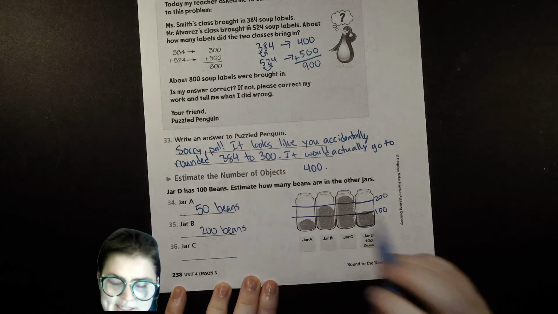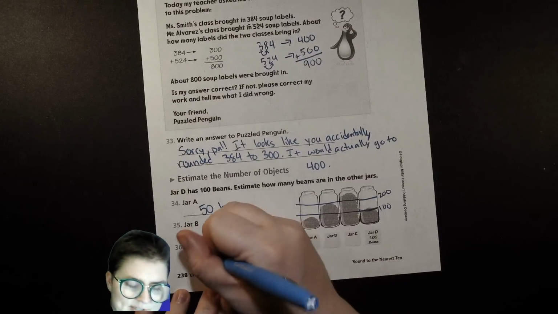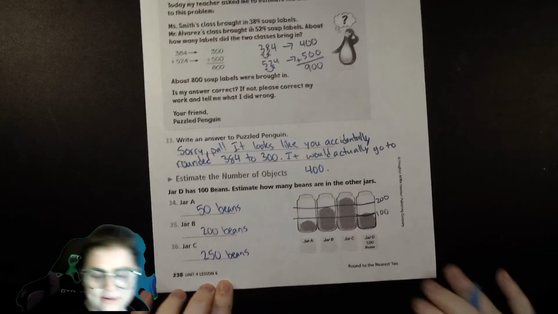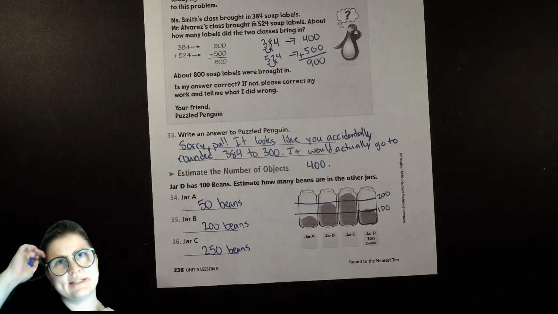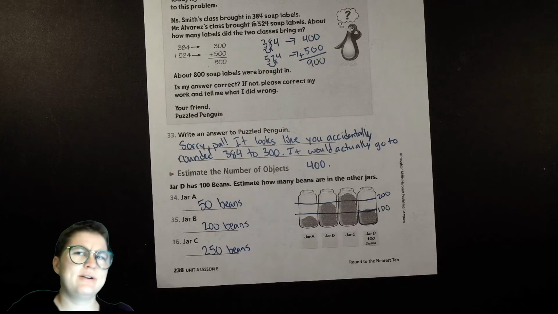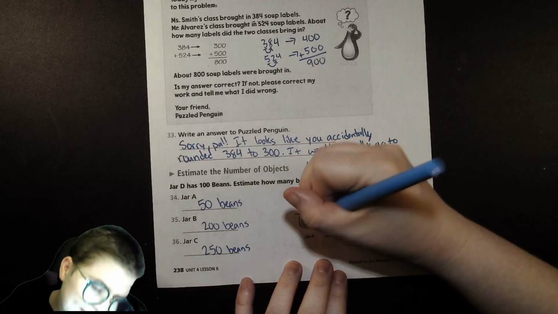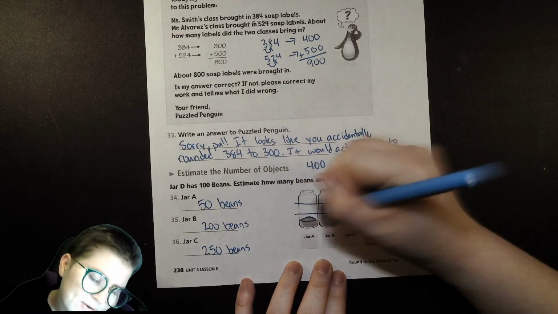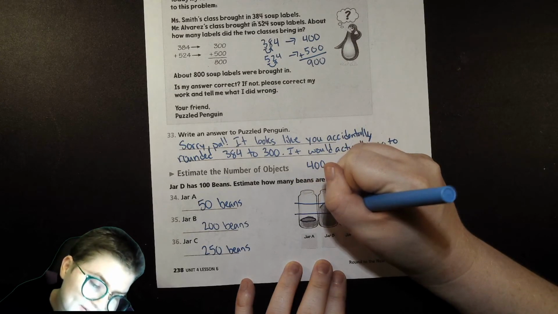And jar C has a little more than 200, so we'll say 250. Now, especially because we can't see how these are piled in the jar, if you had something different, don't stress about it, because it's hard to know, like, is that just seeing through to the other side and this is all flat here, or is it like a physical pile like that?